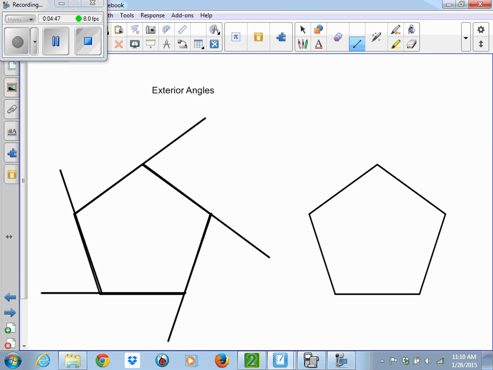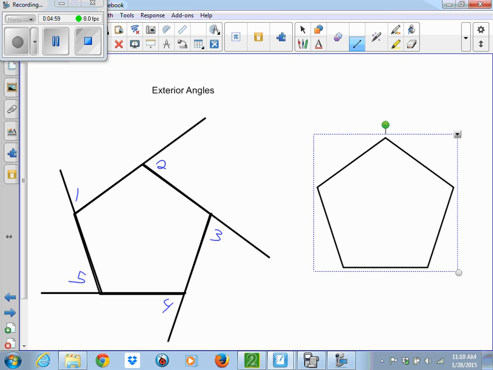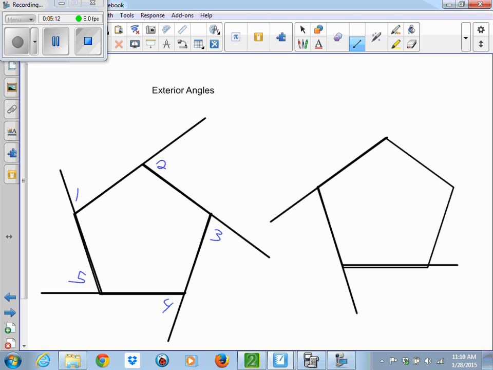So in a pentagon here, we have 1, 2, 3, 4, 5 different angles. You can do it the other way, extending them in more of a counterclockwise direction, out this way. You can extend them in either direction. It doesn't matter, they're all the same.